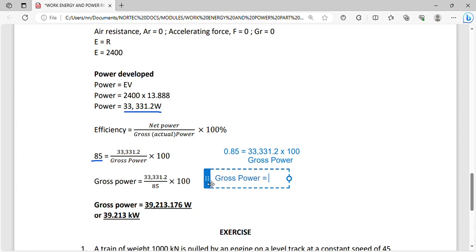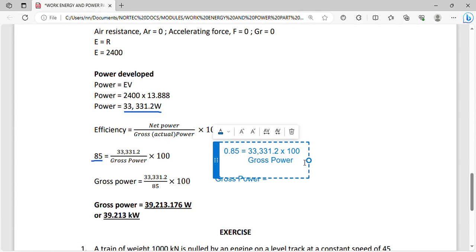What should I have on the right hand side? Oh, sorry, by the way, I'm not supposed to multiply by 100 here. It should just be the way it is.